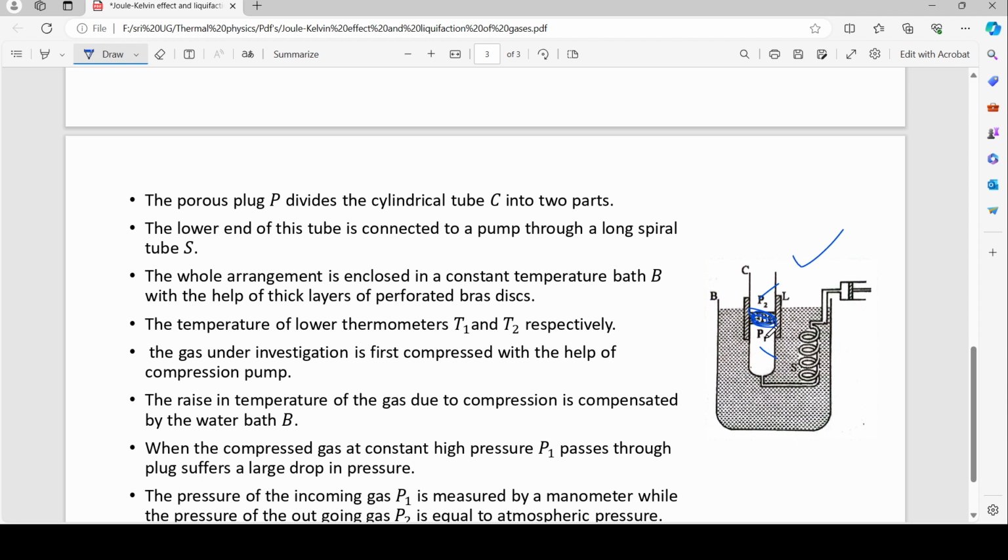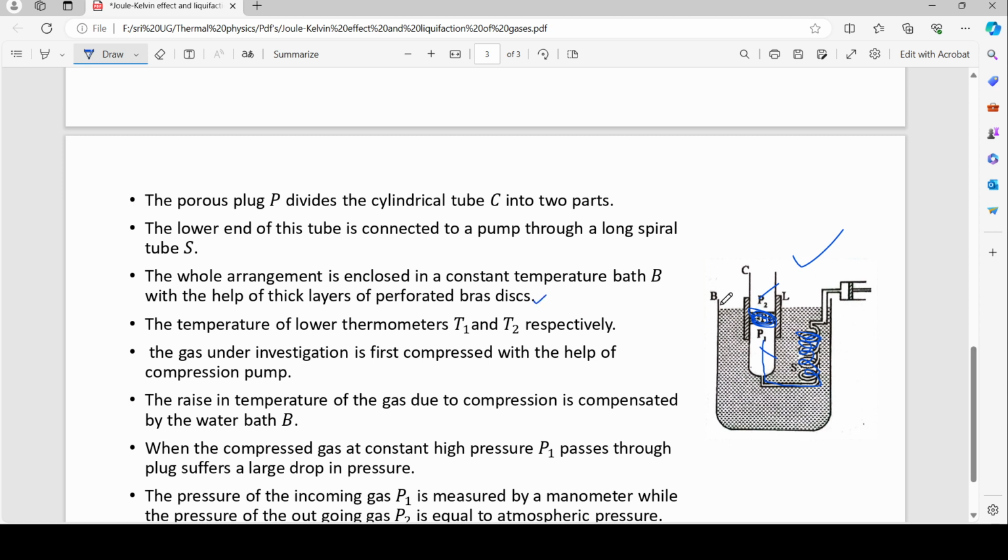The whole arrangement is enclosed in a constant temperature bath B, with the help of a thick layer of perforated brass disc.